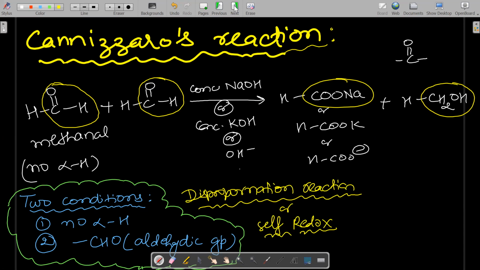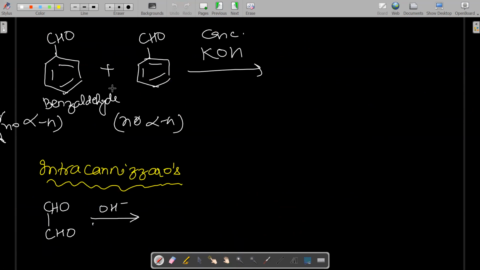So we can take another example also. You can see the next example. This is benzaldehyde. In benzaldehyde, again you can see no alpha hydrogen is present. So what product do you get? What I just told. Okay, we get what?